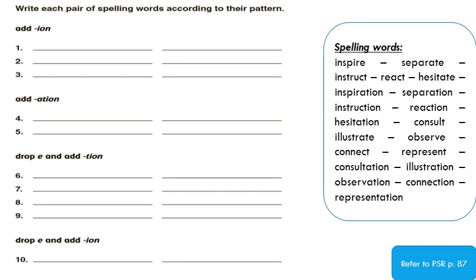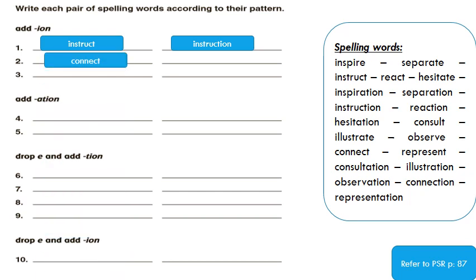If we go for the first word, inspire. Inspire, I have E at the end, so I have to remove the E, and I add ation. As for instruct, instruct doesn't end with a vowel letter, and I can directly add ion. Let's take another example, connect.